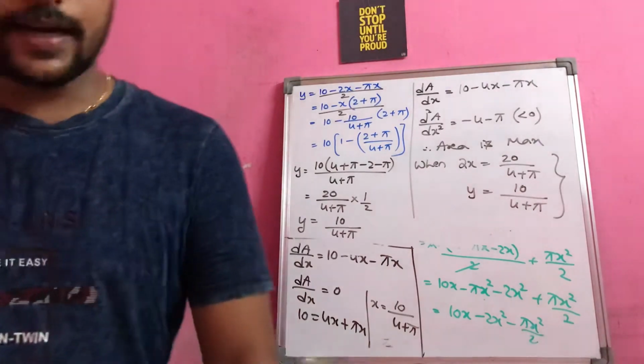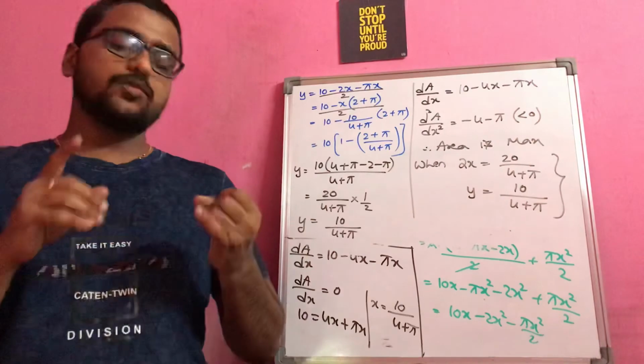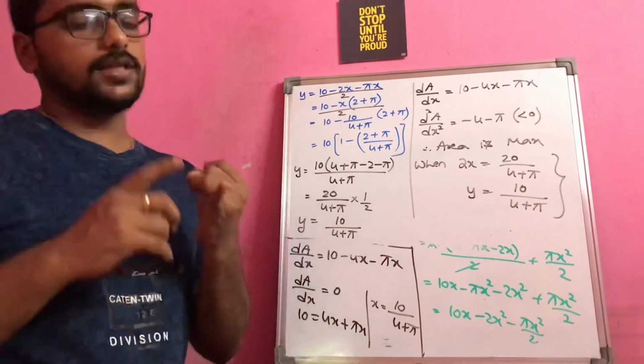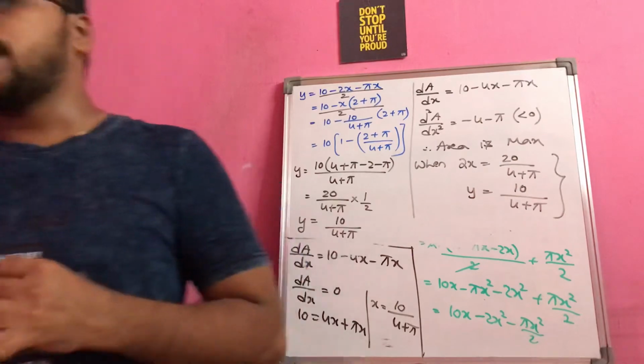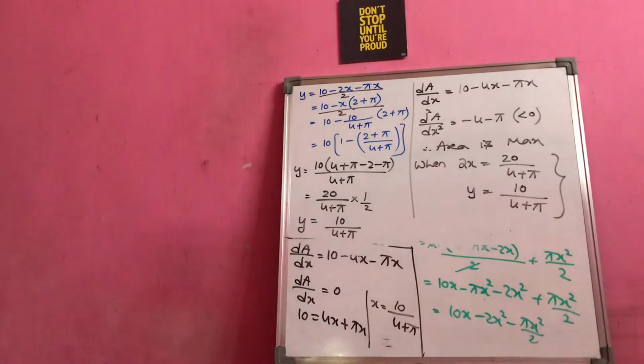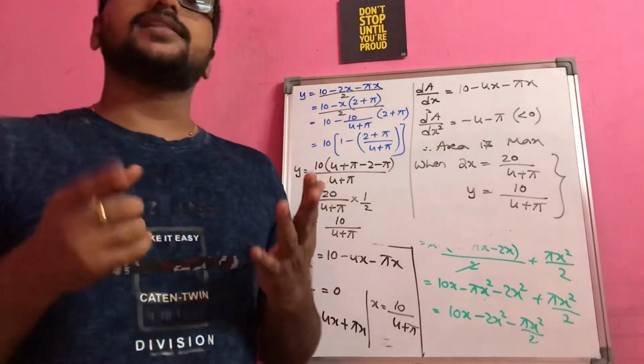So if you just try to connect everything we discussed in this question, the first thing we should understand is what they actually meant by perimeter. That is the important point. Does perimeter mean just the addition of the two figures that they had given to us, or do we have to calculate it separately?